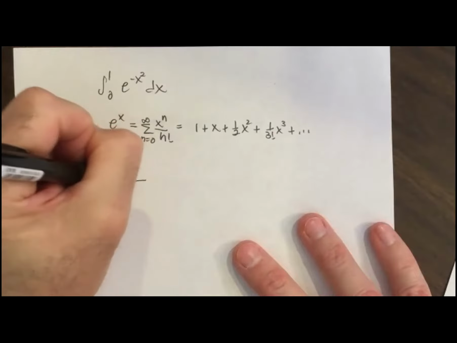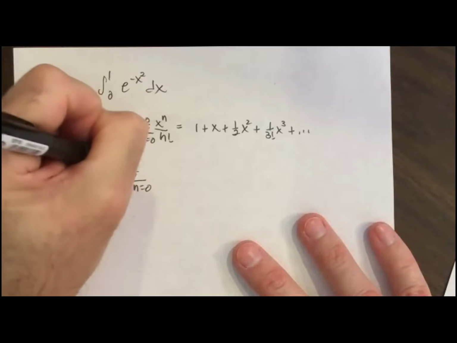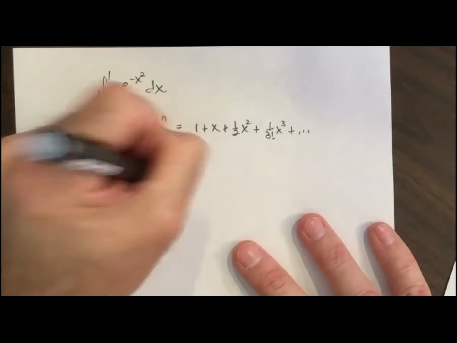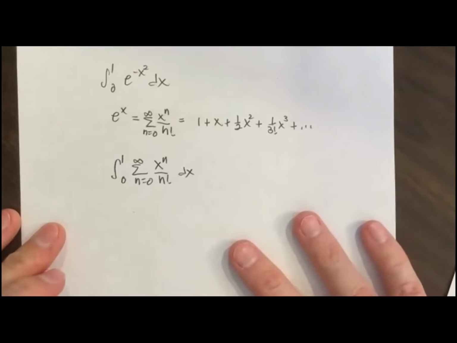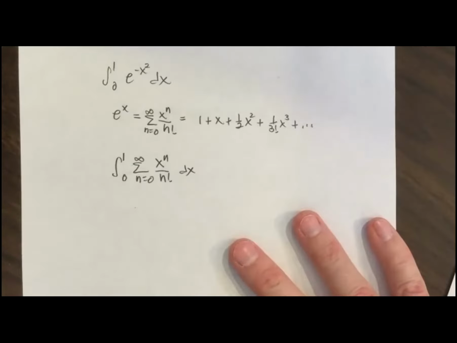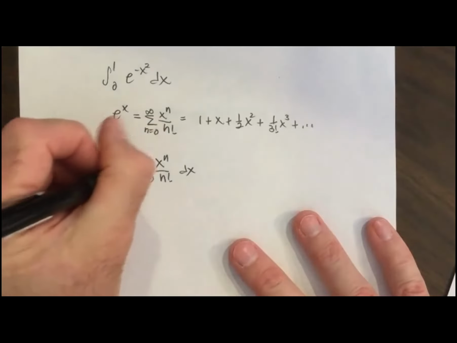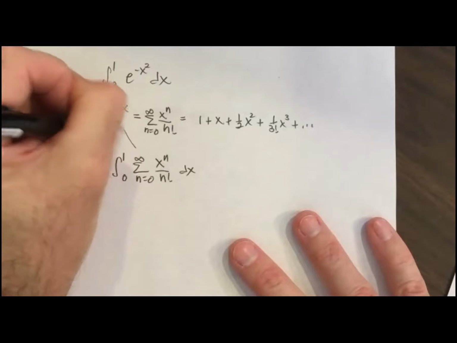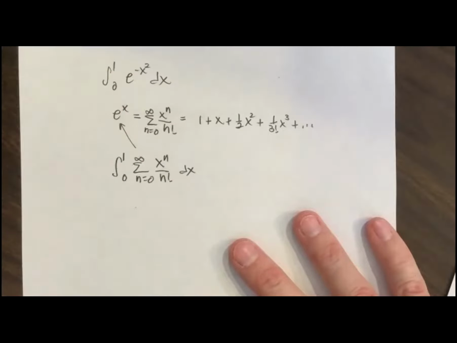I'm going to say the integral now of the sum of x to the n over n factorial dx. So everywhere I see an e to the minus x squared, I put that, and then of course I'd be wrong, because this is the formula for what? That's e to the x.